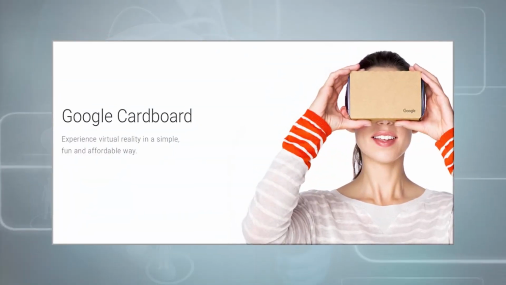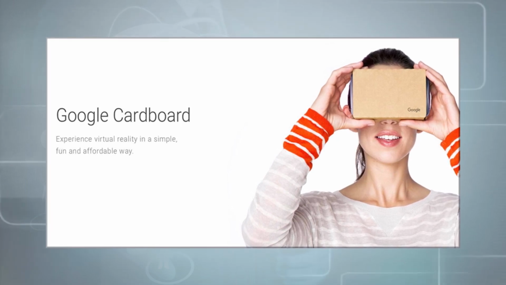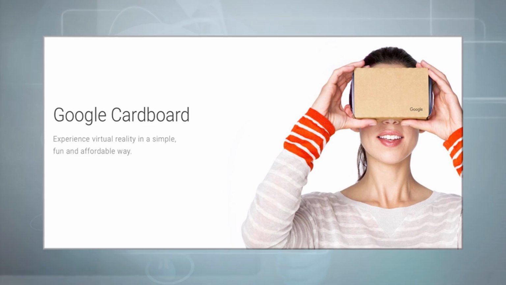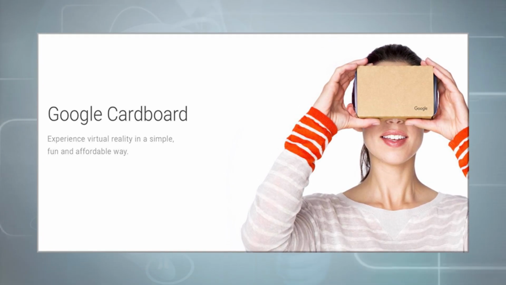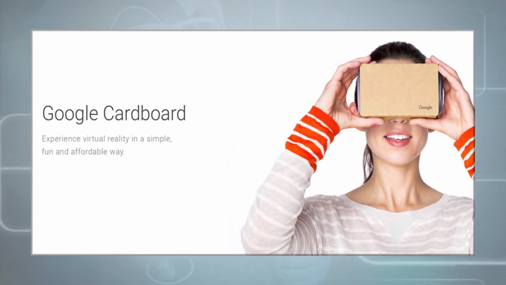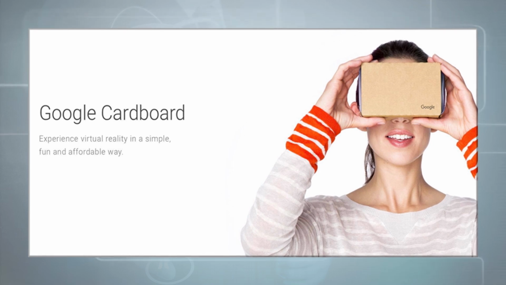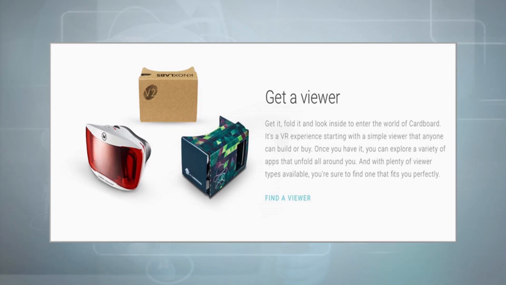So basically using this cardboard, what we can do is that we can experience the virtual reality in a very simple, fun way, and in fact it is also affordable, provided the cardboard you bought is of less price. Then you also need a viewer.